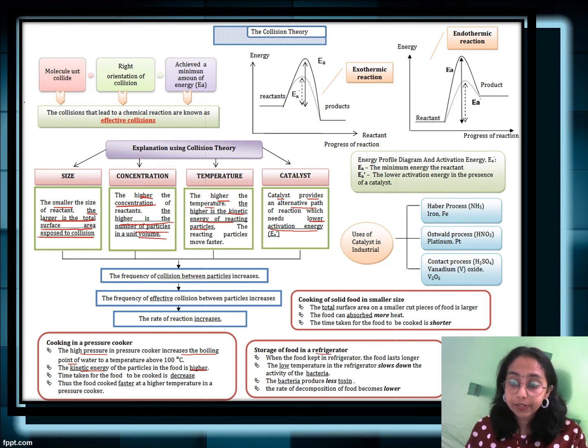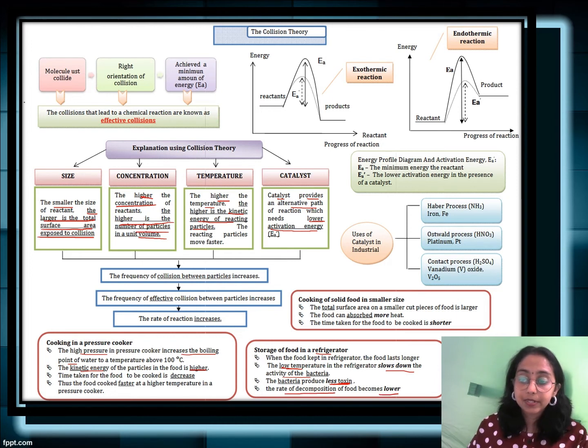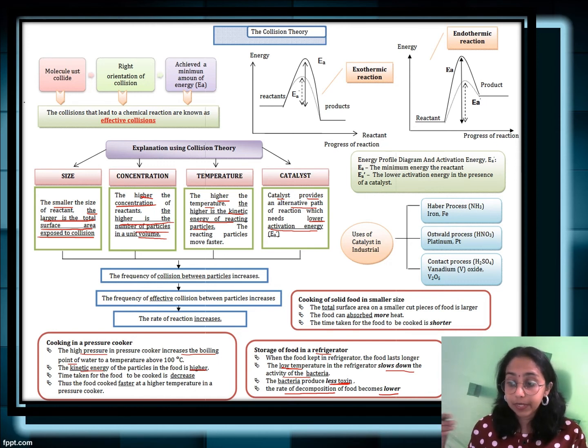The food is kept in the refrigerator because of low temperature. When the temperature is low, what happens? It slows down the activity of the bacteria. Less toxin is produced. So the rate of decomposition becomes lower. These are the keywords you have to mention in your answer to get marks for your essay write-up.